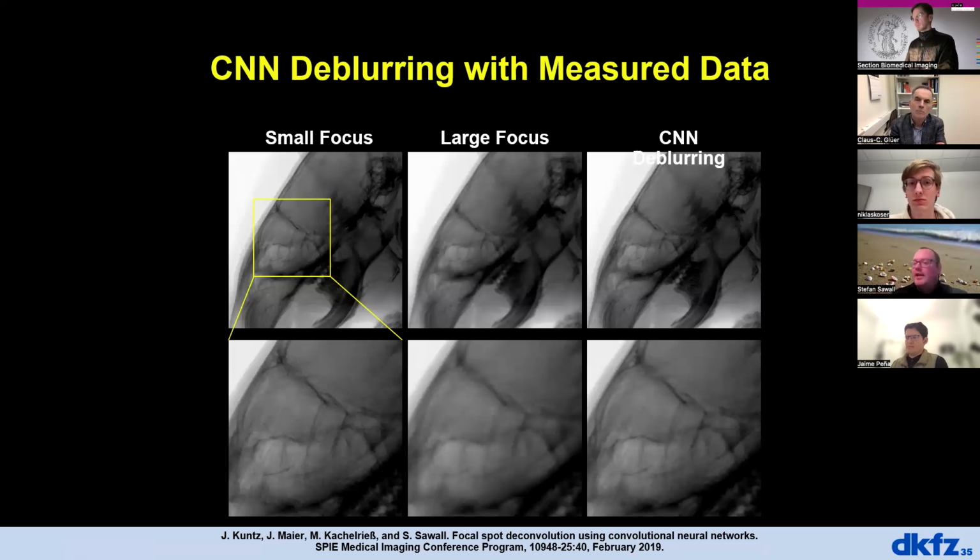You not only have a large focal spot, you also have fluctuations in tube current. You also have focal spot drift if your tube gets too hot or something like that. And that's why we prefer, at least if possible, to actually measure different data sets that we want to train on.